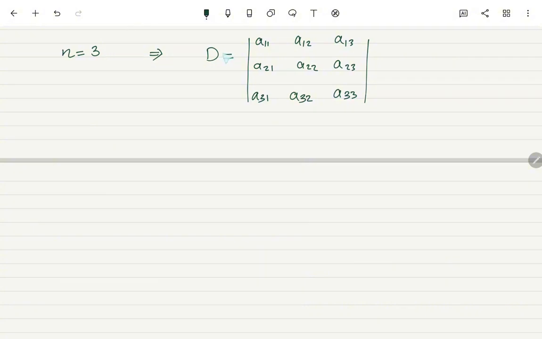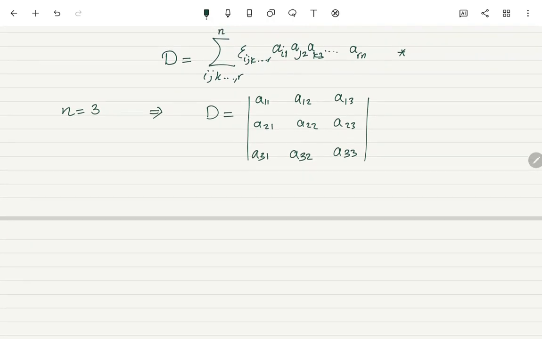Now to find the magnitude of the determinant, let's use this equation right here.